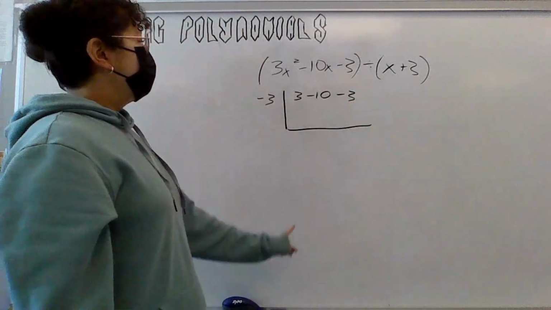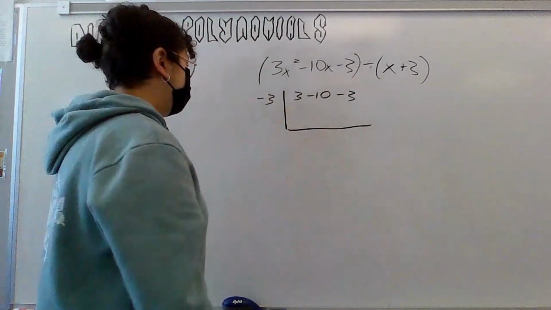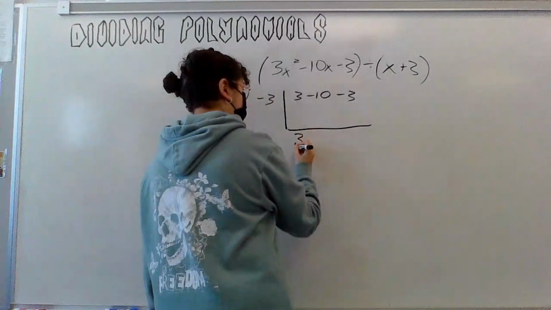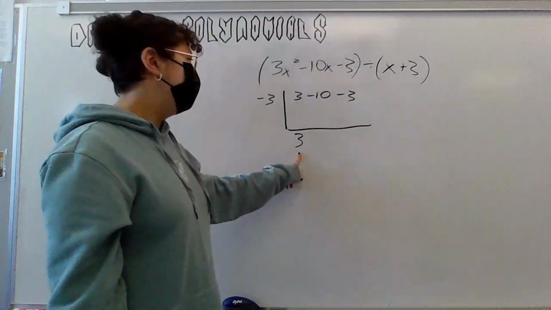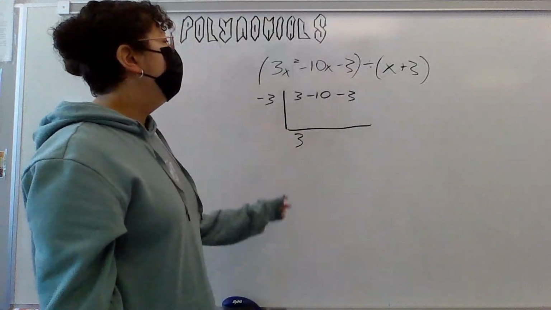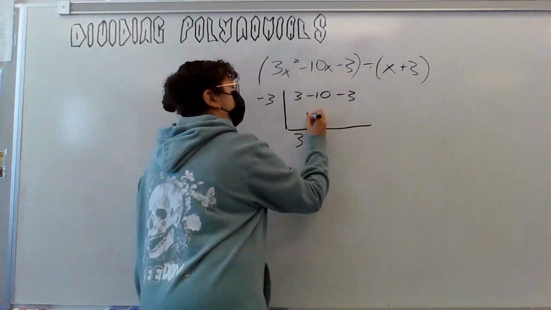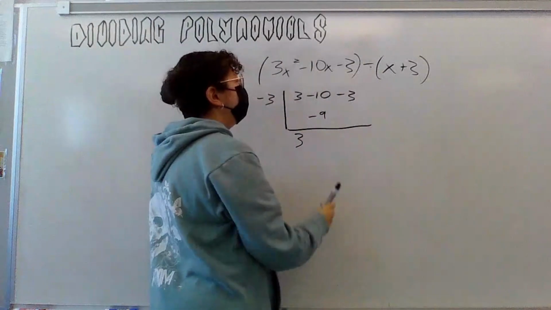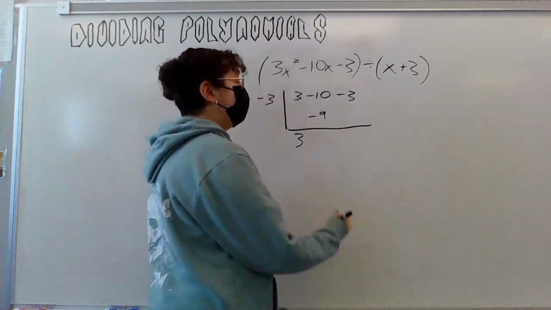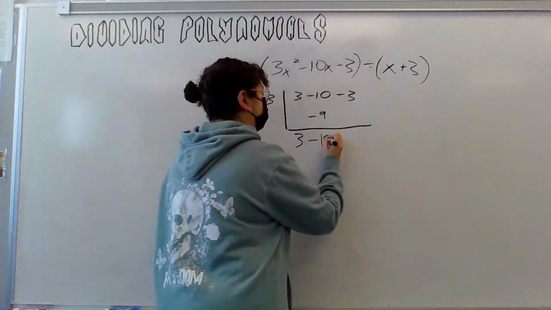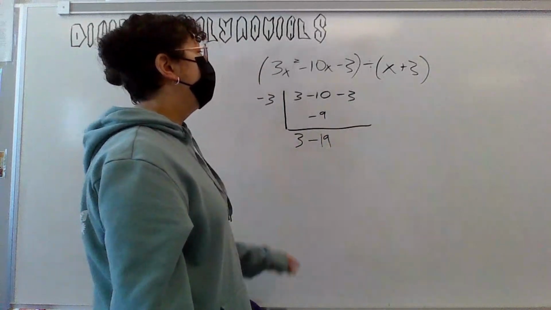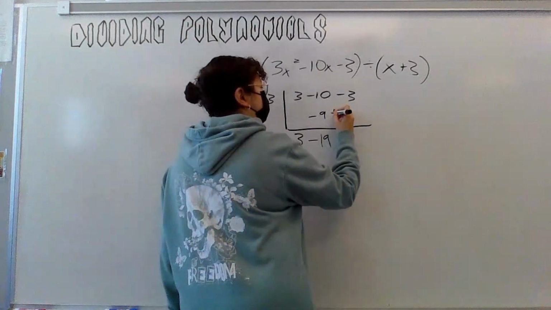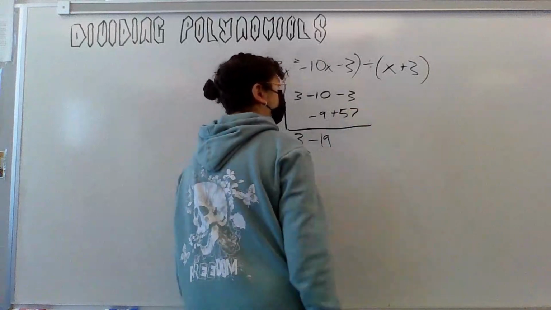First, you drop this number down to the bottom, and then you multiply whatever you get at the bottom by the divisor. So 3 times negative 3 is negative 9. Negative 10 minus 9 is negative 19. Negative 19 times negative 3 is positive 57.